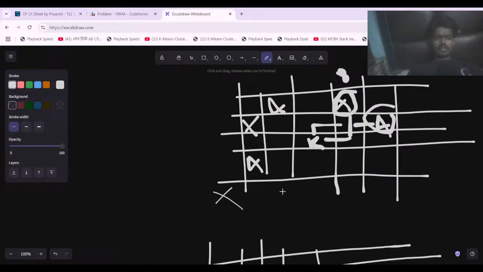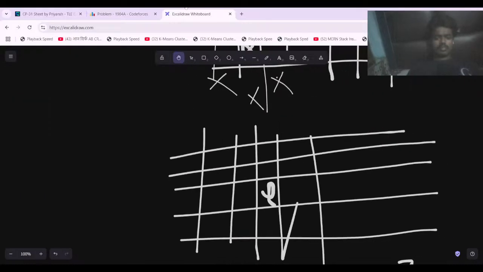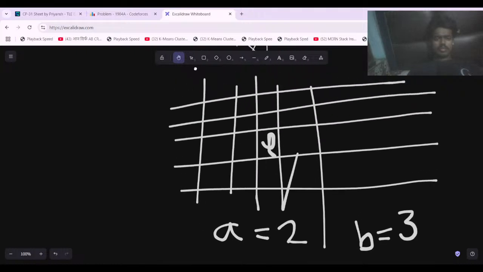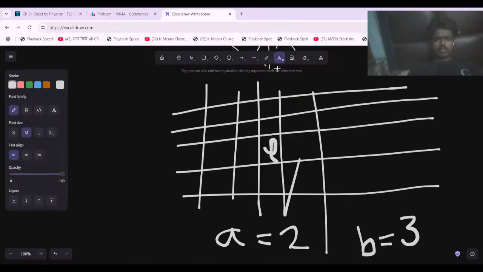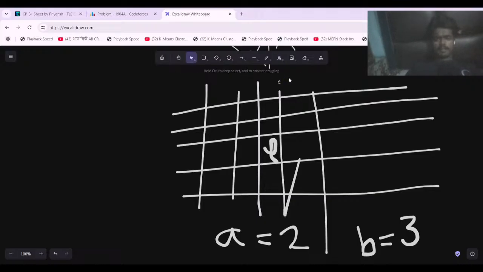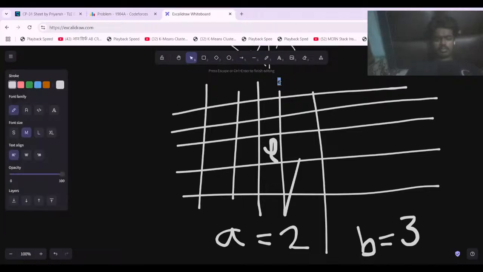So I will get exactly 8 locations, right?